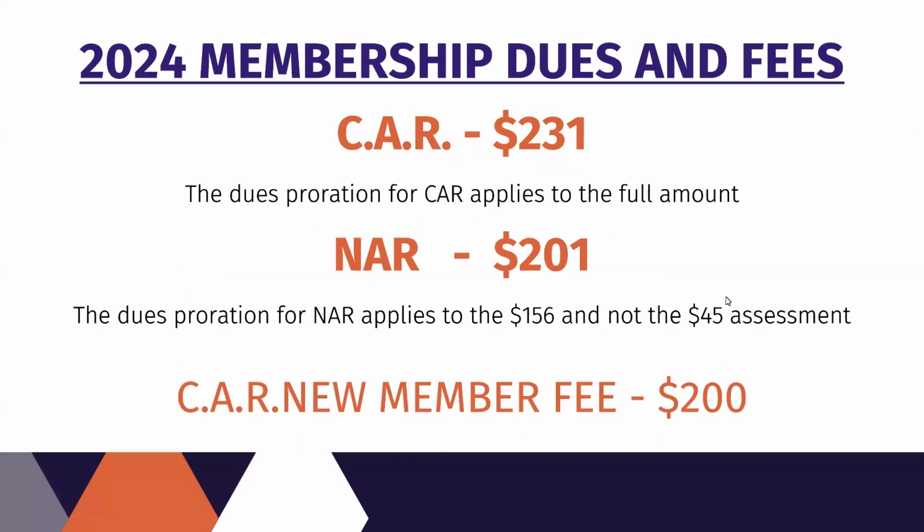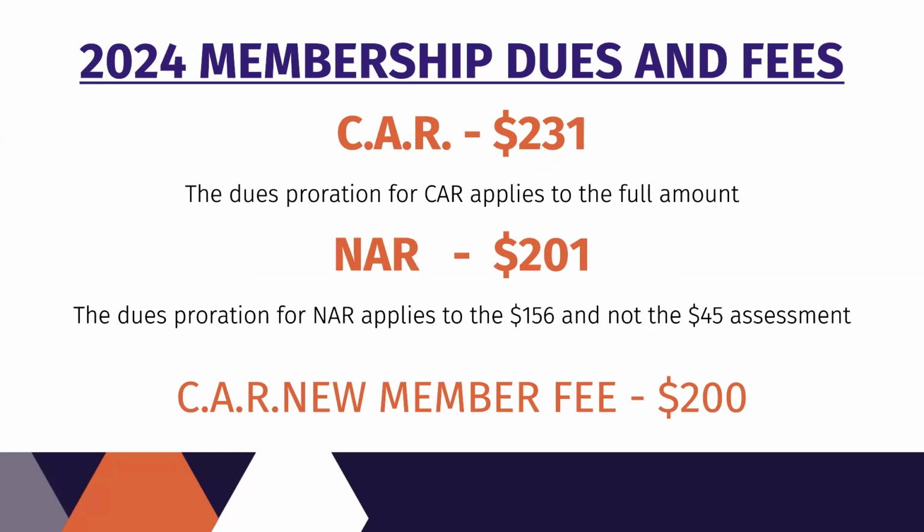Also, 2024, as I mentioned, our dues have increased. The C.A.R. dues is $231. The dues are prorated on a monthly basis. We prorate on the full amount of the $231. N.A.R. dues is $201. The dues proration for N.A.R. applies to the $156 and not the $45 assessment.